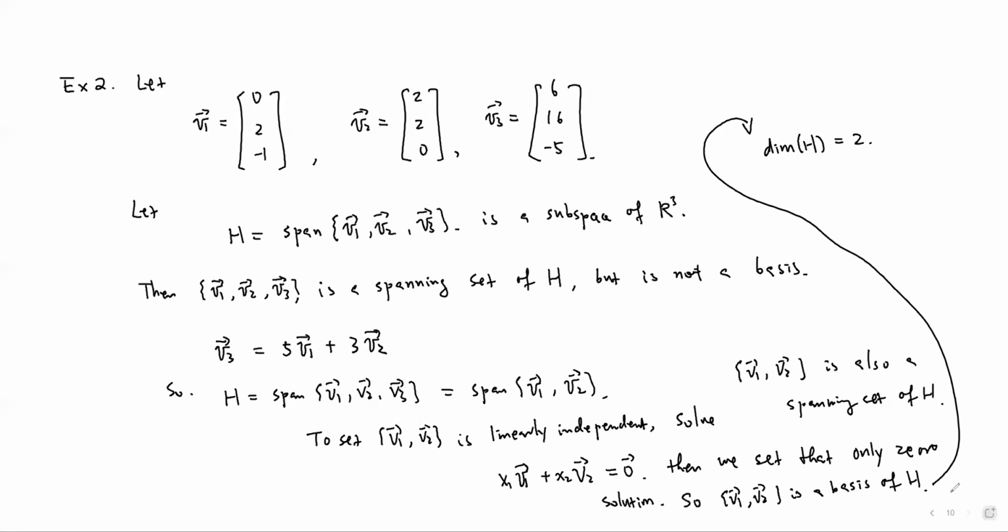Example 3. Let H be the set of vectors of this form.